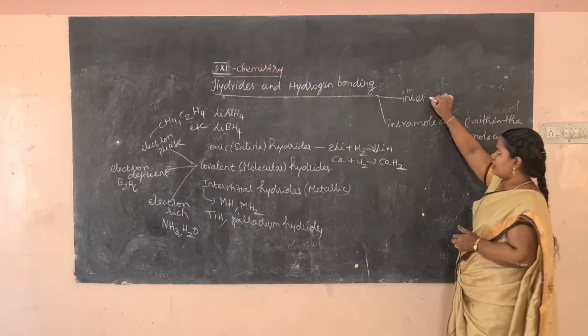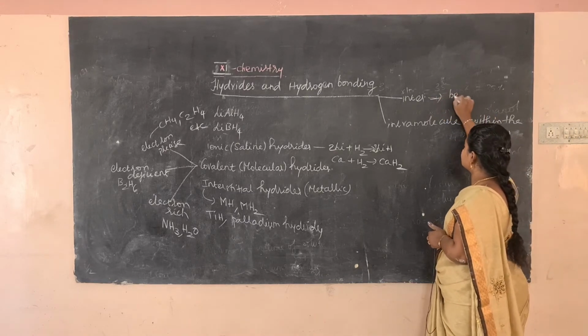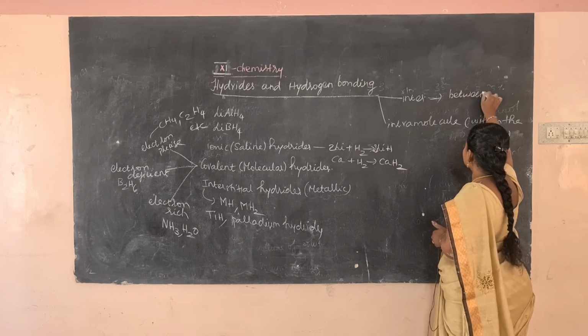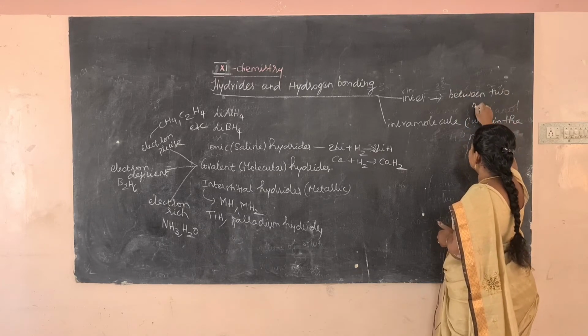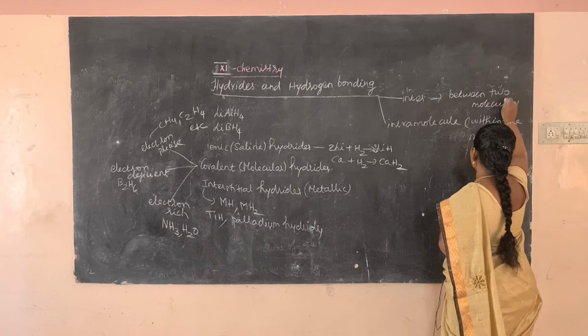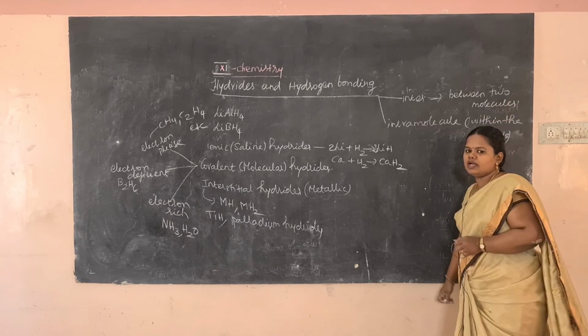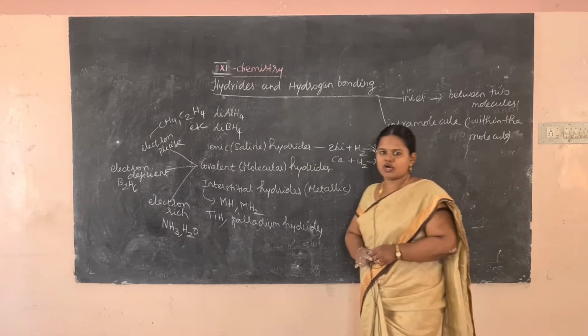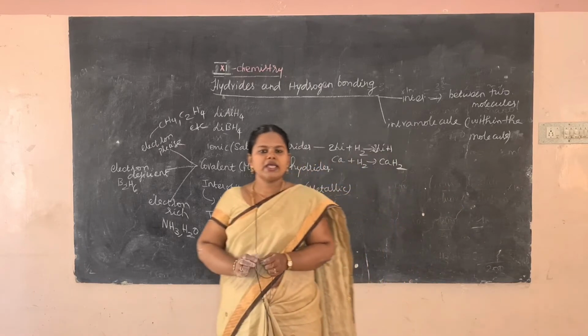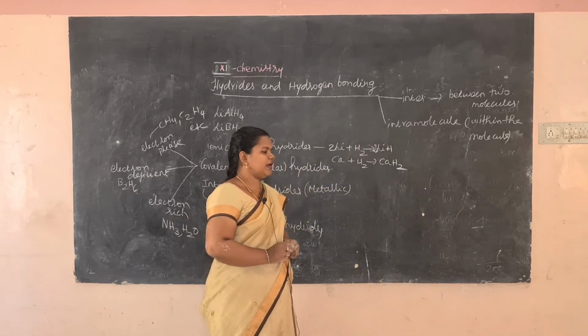And a hydrogen bond that is formed between two molecules is known as intermolecular hydrogen bonding. So we have two types, inter and intramolecular hydrogen bonding.